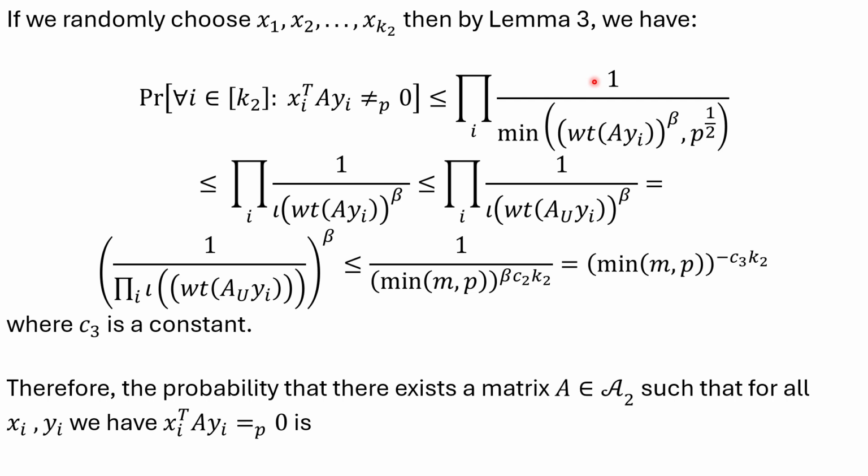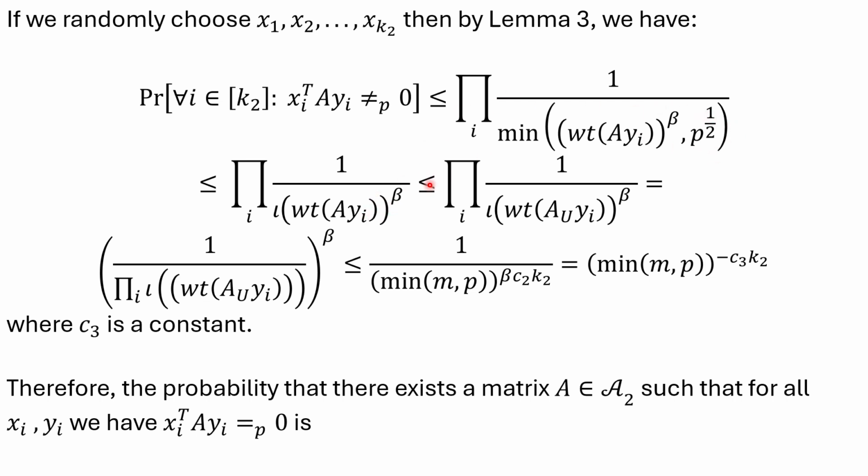This is less than or equal to 1 divided by L, weight of A yi to the power of beta. We remember this is the definition of the minimum of the first entry, and p. P to the power of beta is greater than p to the power of half, but as a denominator, we get that this inequality is true.